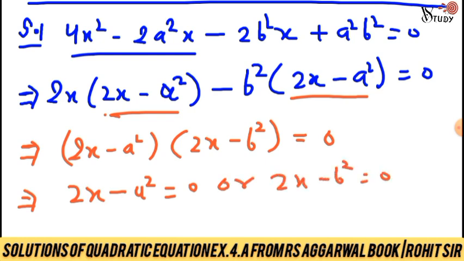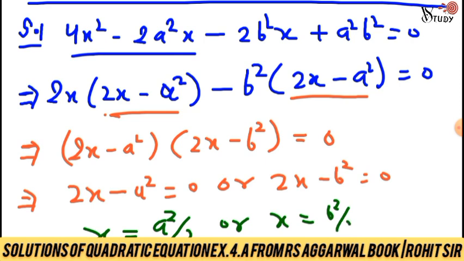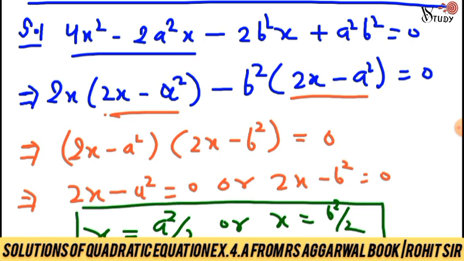Now we have x is equal to positive a square by 2, or x is equal to positive b square by 2, and this is the solution of this quadratic equation. I hope you understand. If you have any problem, you can ask me in the doubt section. Then I will prepare a doubt section video on this chapter for you.